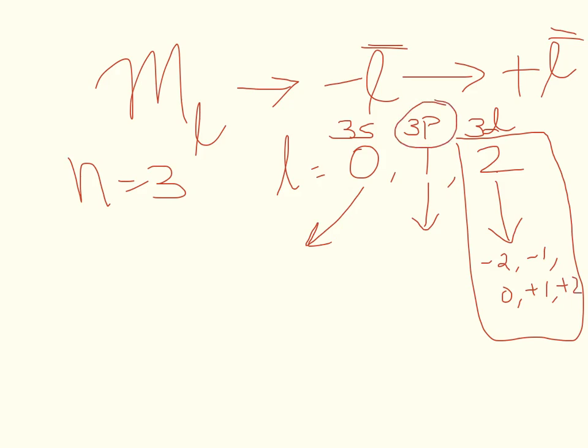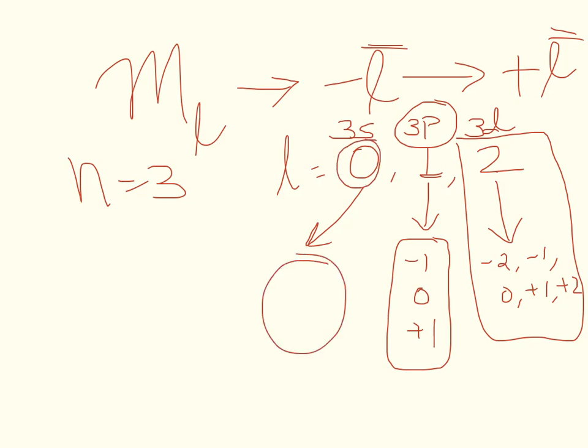For 3p, the value of L is 1, so m sub L values are -1, 0 and +1. For 3s, the value of L is 0, so m sub L is 0.